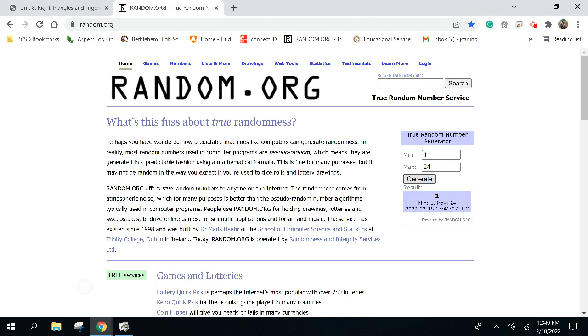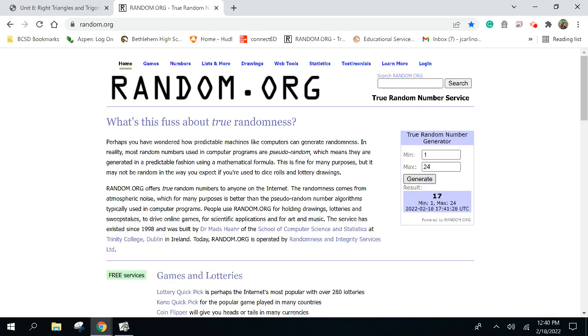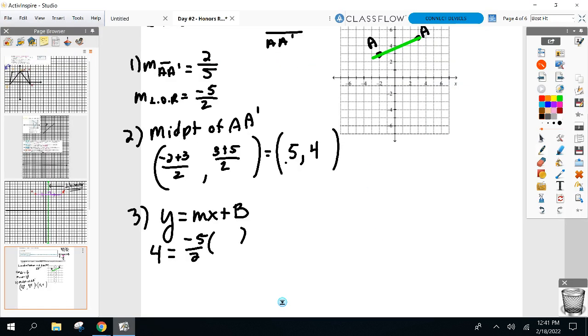Slope of this line of reflection? -5/2. X coordinate from the midpoint I want to plug in? 0.5. And now everybody go ahead and solve for B.